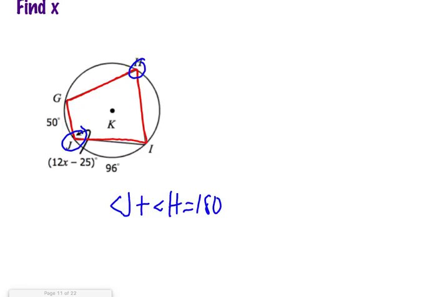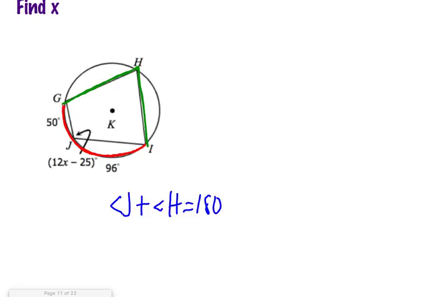But I know nothing about angle H. Or do I? So let's trace out angle H. Here's my angle H. Now here's its intercepted arc. I can figure out what H is.